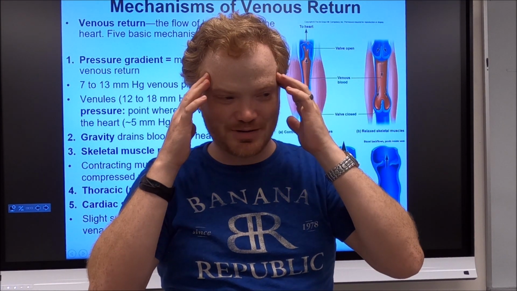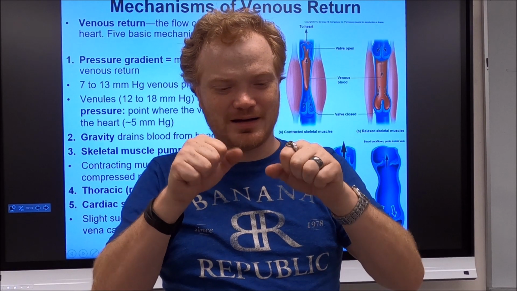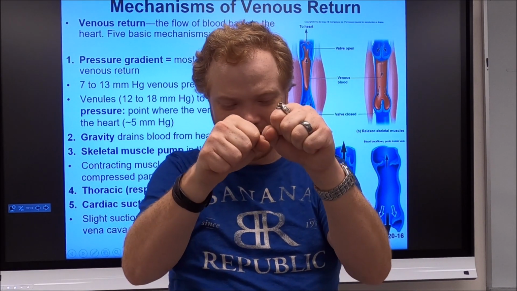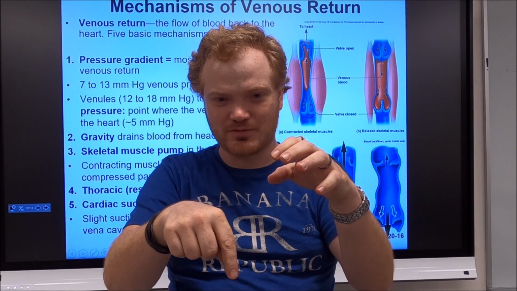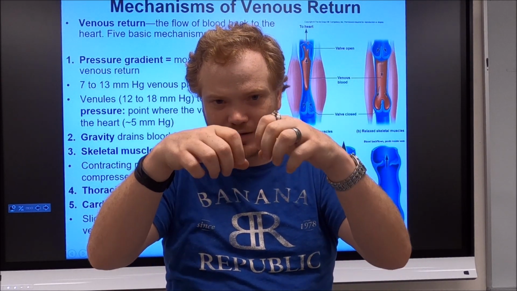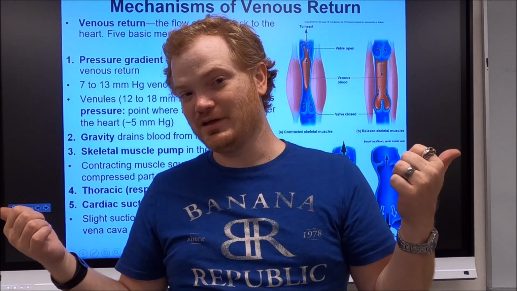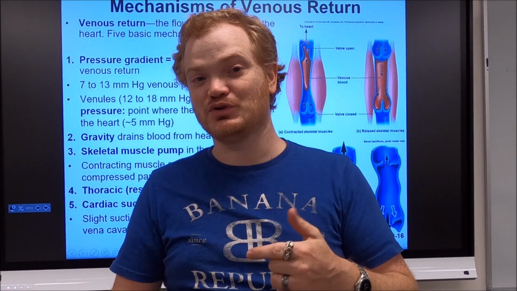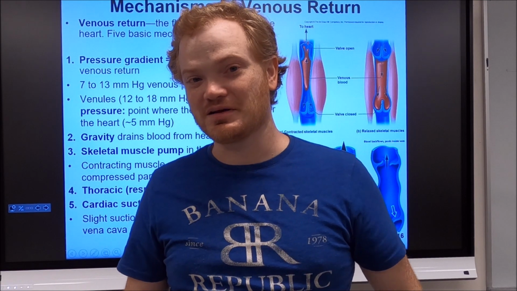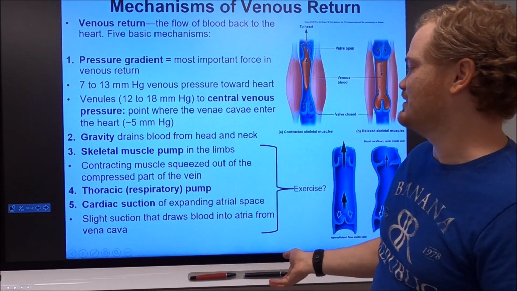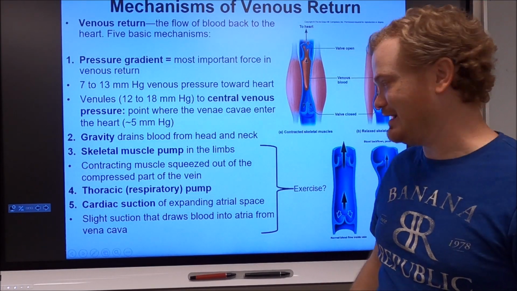When the atria contract, they send blood down. When they relax again, the valves prevent backflow in the heart. That act of relaxing sucks blood into the heart from the veins coming back, either from the lungs or from the systemic circuit. So that's cardiac suction. Every time the heart relaxes, it's going to suck a little bit of blood in through the vena cava.